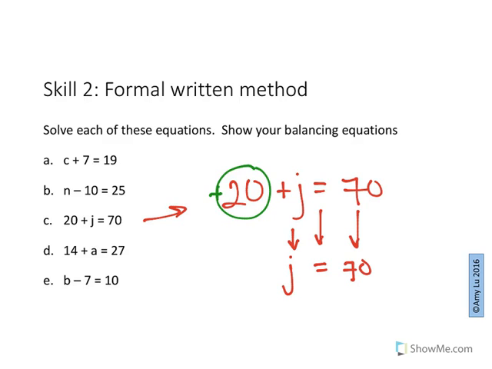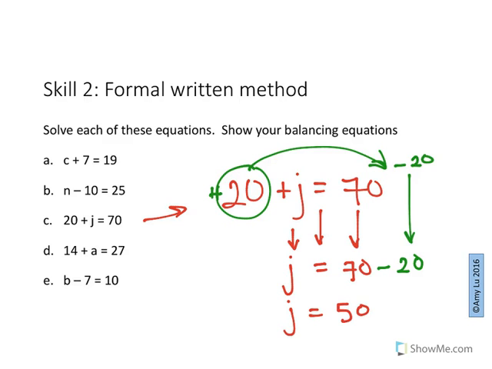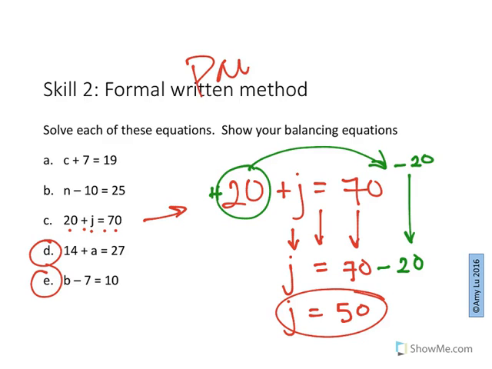Automatically, that means it's a positive number. So when it runs across the equal sign, it inverses and becomes minus 20. So I have to bring down the minus 20. So then j is just 70 minus 20, which makes 50. And that makes sense because 20 plus 50 makes 70. So why don't you go ahead and try to do D and E on your own? So pause.